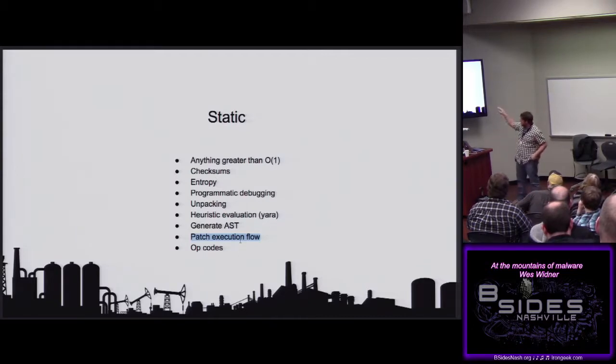So using a combination of programmatic debugging and generating an abstract syntax tree, this whole part right here is where entire companies have been built. But patching the malware so that it will run to completion, a good way to defeat most malware pipelines is to execute, pause and wait for 30 minutes or so, and then begin your execution.